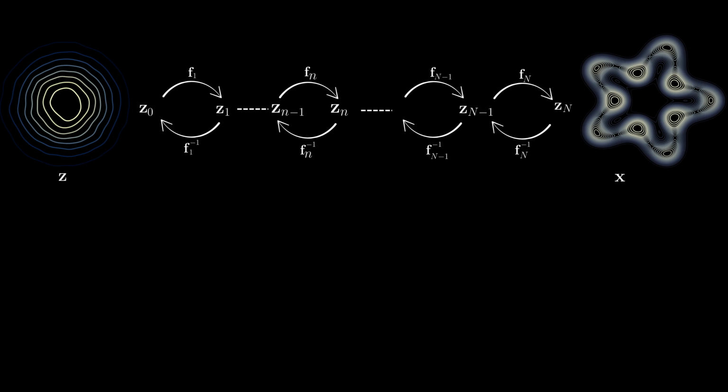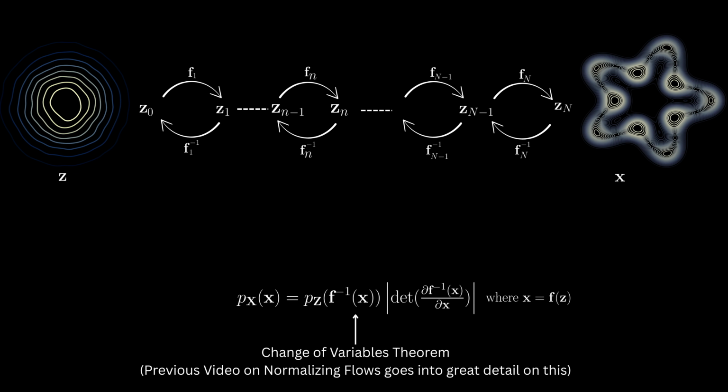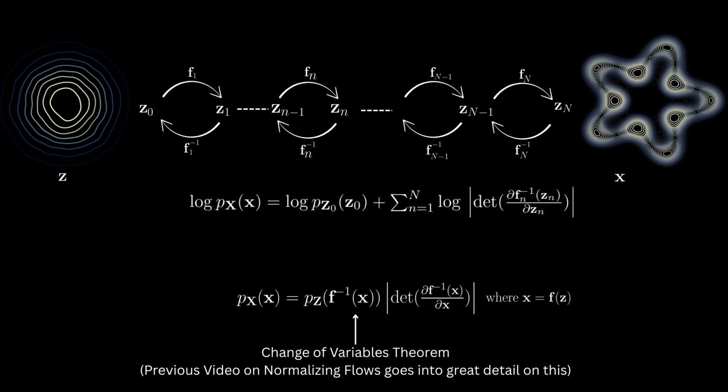During training, we took the data point x, which was just Zn, and transformed them to Zn minus 1, Zn minus 2, all the way till Z0. Then using change of variable theorem, our log likelihood of data point x ended up being log likelihood of Z0 plus summation of log determinant of Jacobian of all the n transformation layers.